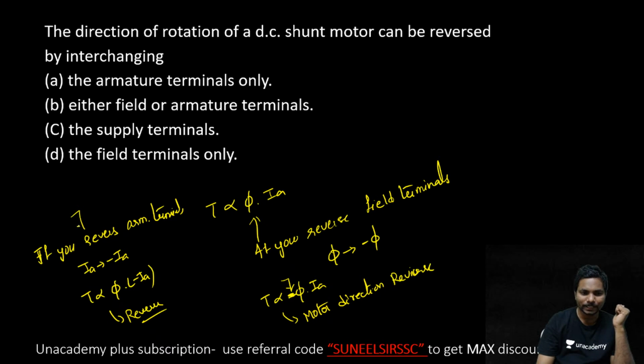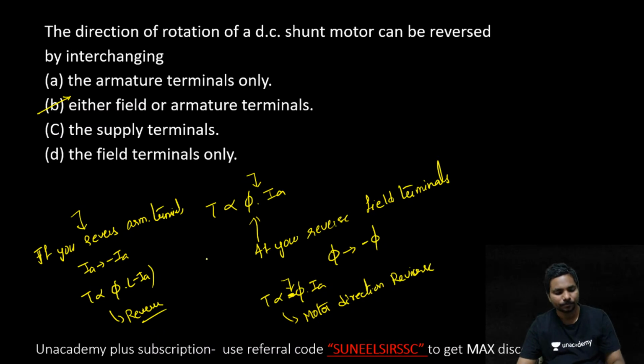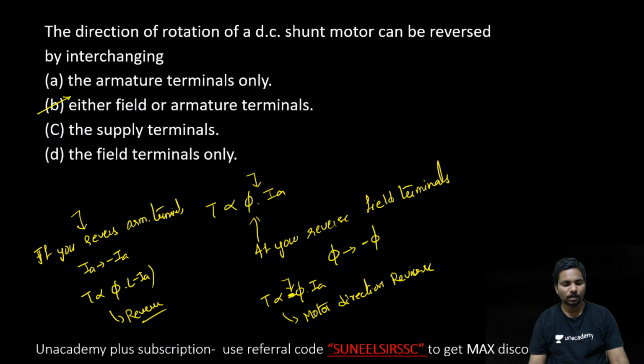So if you change either the armature terminals or the field terminals, then you will get reversal in the direction. But if you change the supply terminals or if you change both armature and field terminals, then we have the same direction. So only if you change either field or armature terminals can we get reversal in the direction.